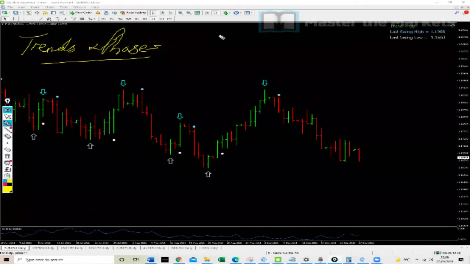So we're going to define a trend as the formation of consecutive higher highs and higher lows, or lower lows and lower highs. In an uptrend, the market will form, or has formed, a low, will then form a high, will then form a higher low, and then form a higher high.